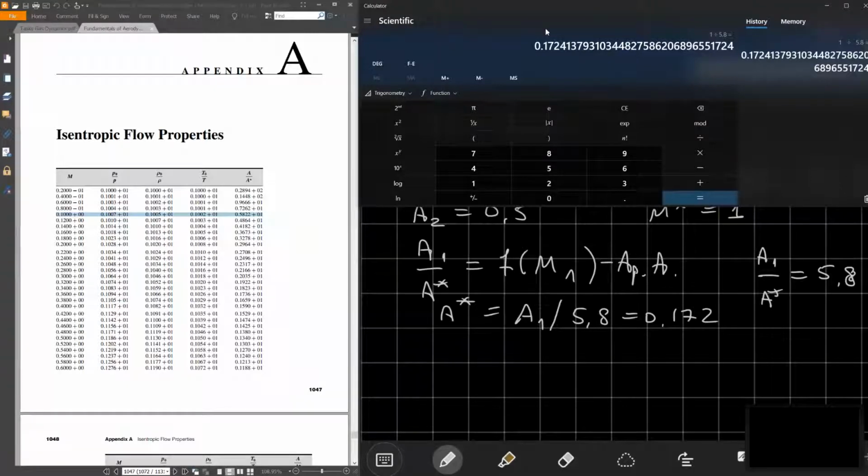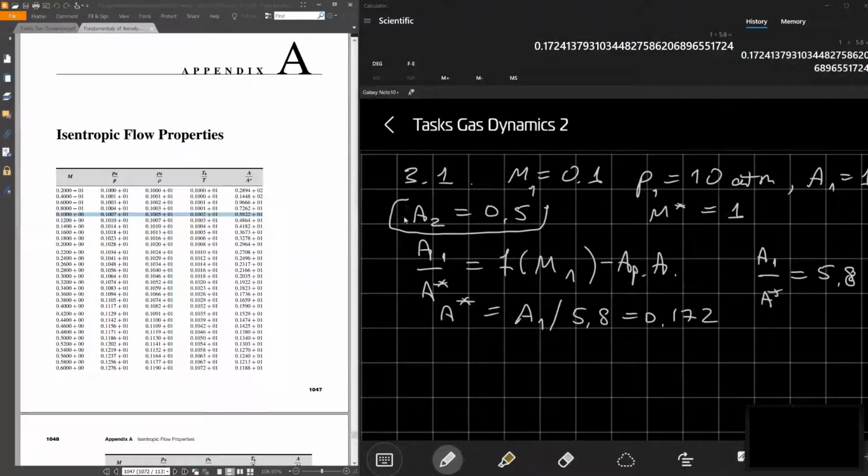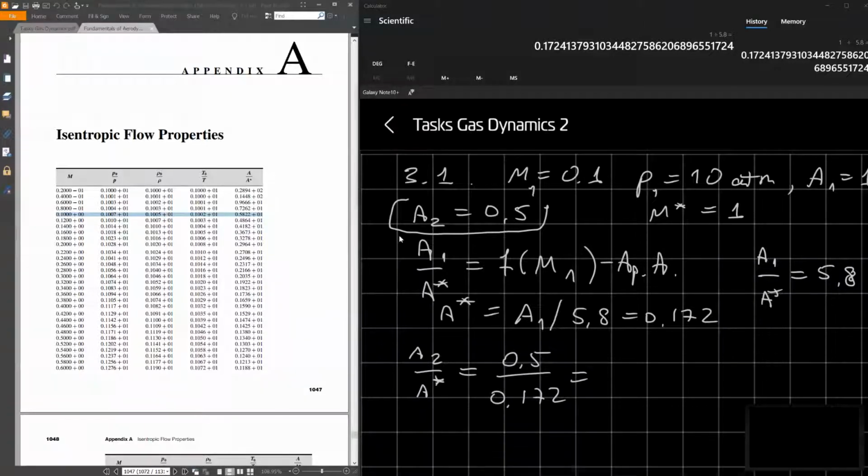And now my point of interest is this area here, area 0.5. I will calculate this area ratio again. I will see that A2 divided by A asterisk would be equal to 0.5 divided by 0.172, and let's see how much.